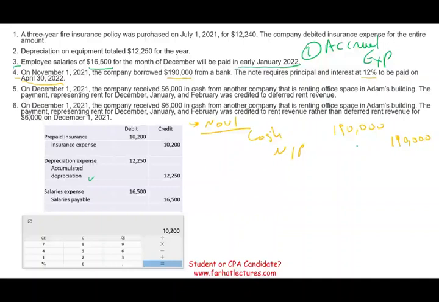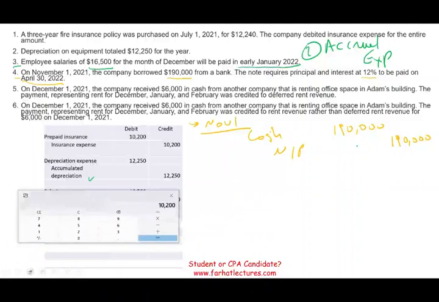Now, here's what happened. Let me show you on a timeline what's going on here. On a timeline, we borrowed the money November 1st, this is the journal entry for it.